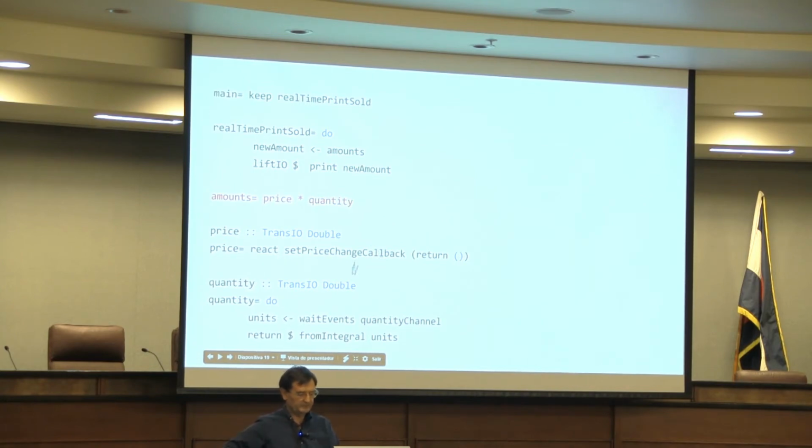Imagine that there is a framework that calls us when the price changes. And imagine that the quantities arrive through a channel. It doesn't matter, because this formula applied here will reactively return combinations of prices and quantities, multiply them, and print them.